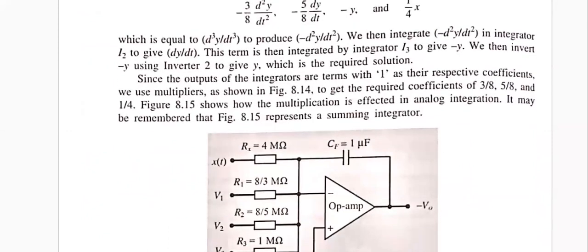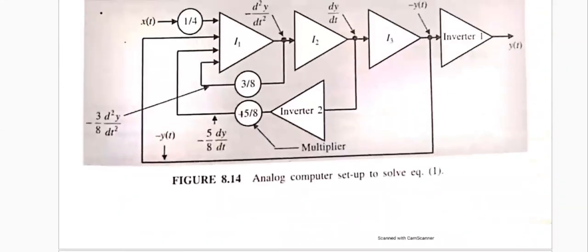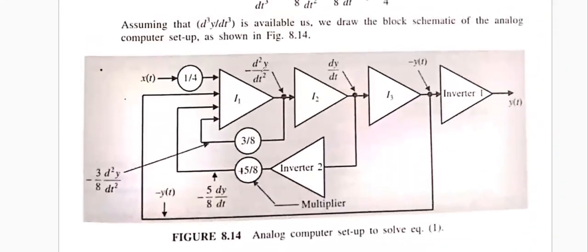Nothing very difficult. Okay, and now if we look closely at this part, what we can understand is we have 1, 2, and 3 feedbacks and 1 input to the integrator circuit.